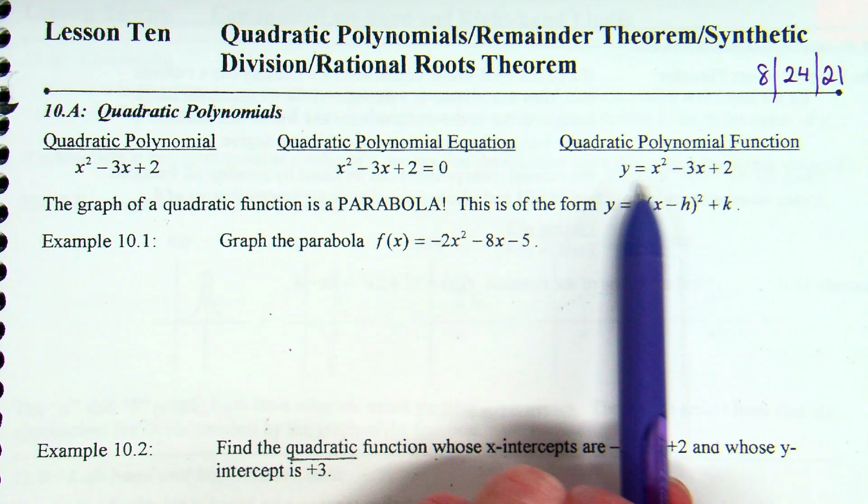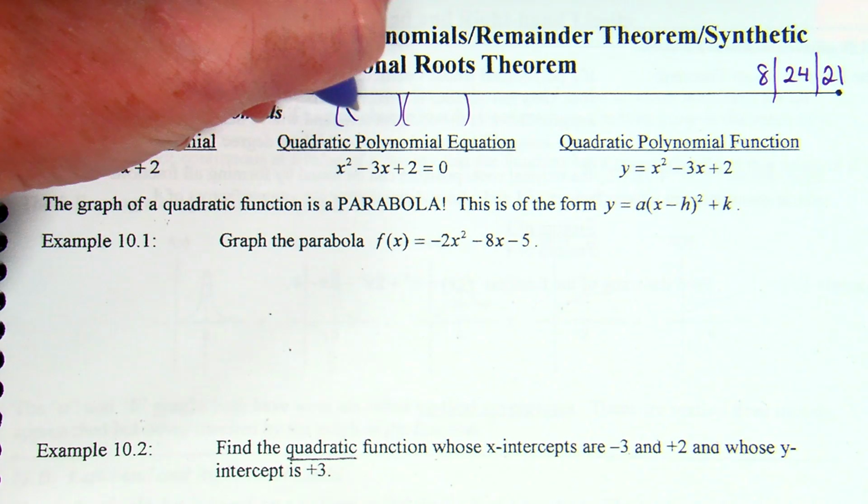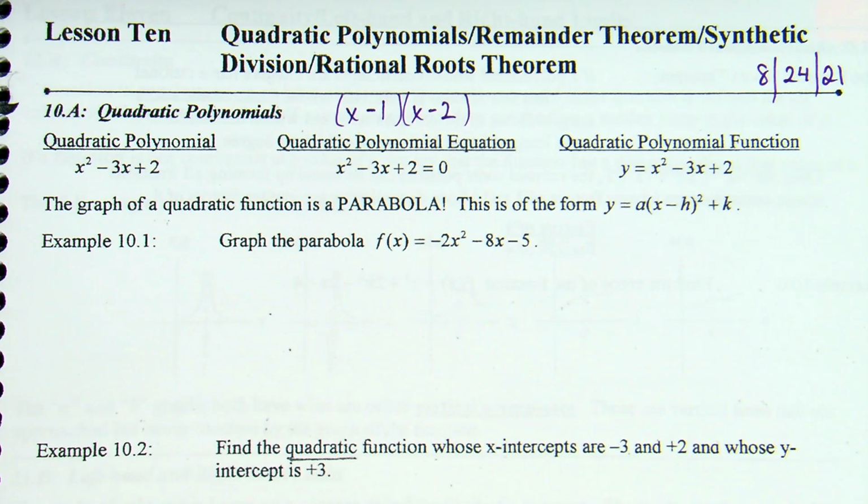Now, what do you know about x squared minus 3x plus 2? It's a polynomial, and it can factor? What's it factor into? x minus 1, x minus 2? So what do you know about if it factors into x minus 1 and x minus 2? What does that allow you to find? Zeros, right? Okay.